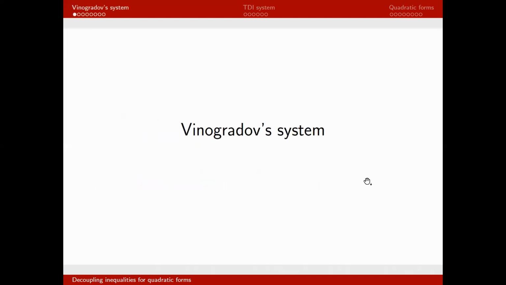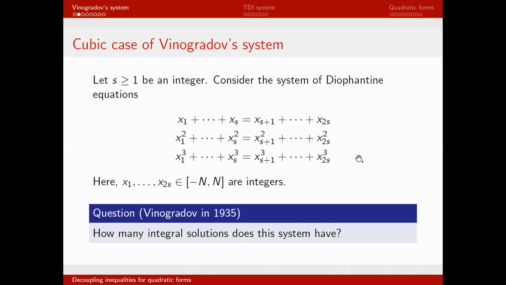So let's start with Vinogradov's system. This is the cubic case of Vinogradov's system. It involves 2s as many variables. These are integers in this interval, and we are interested in the number of solutions.